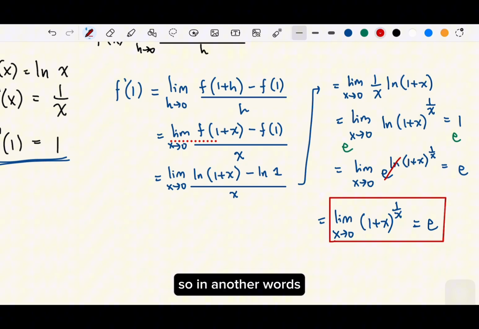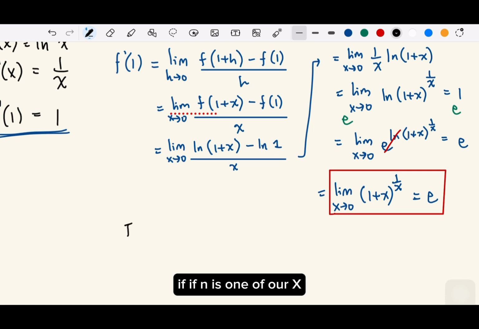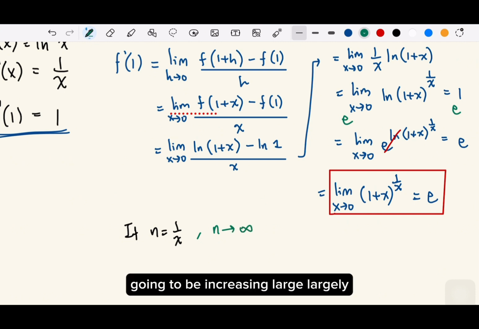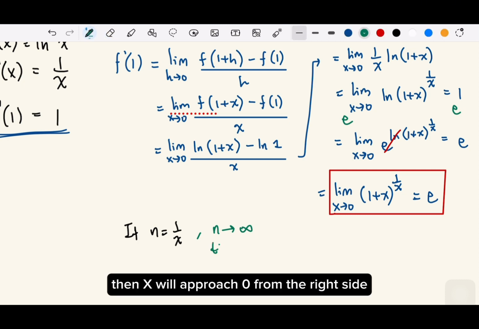So, in other words, if n is 1 over x, so if we take n going to be increasing largely, then x will approach 0 from the right side.